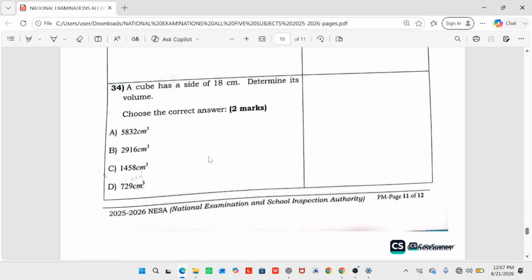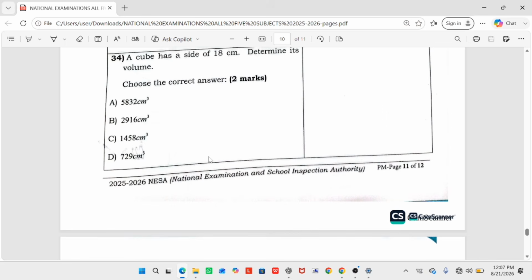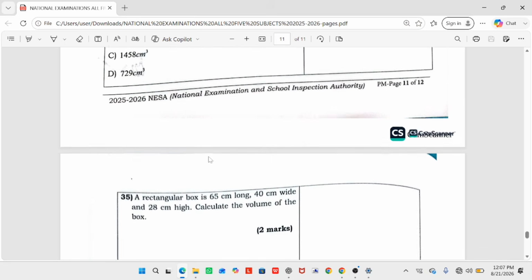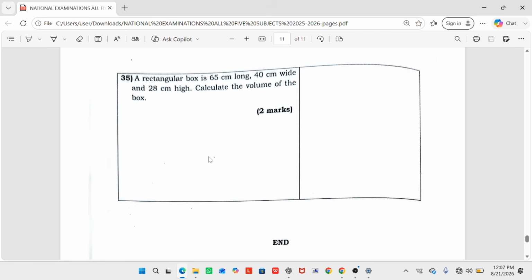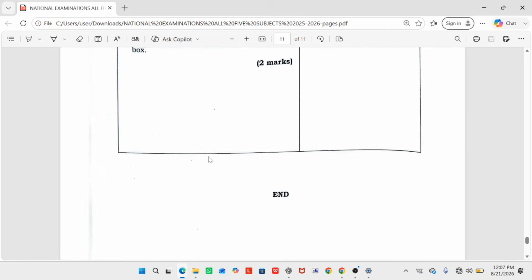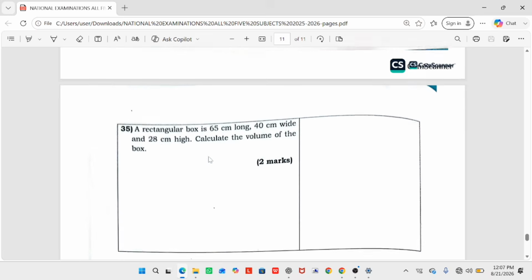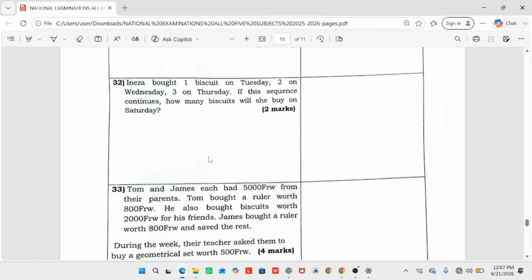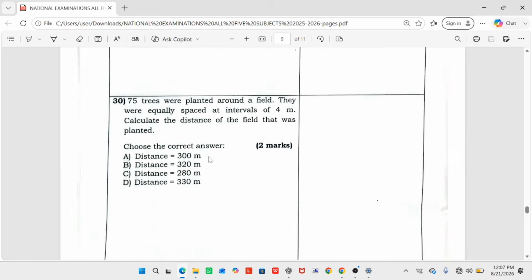And this is probably the last, question number 34, and this is the last question of the Mathematics P6 National Exam 2026. So this was the exam done by P6 students this year.